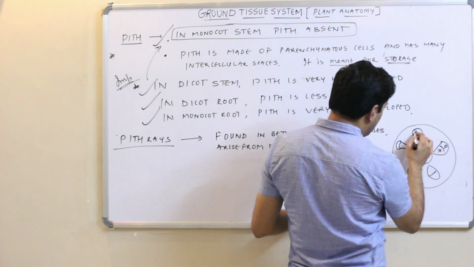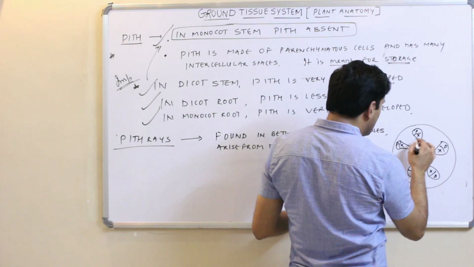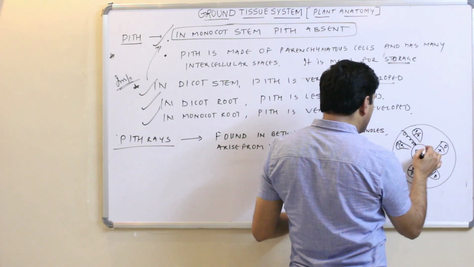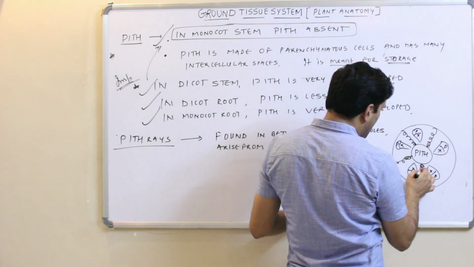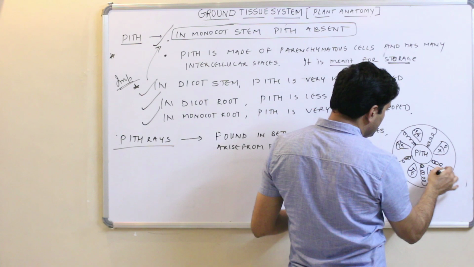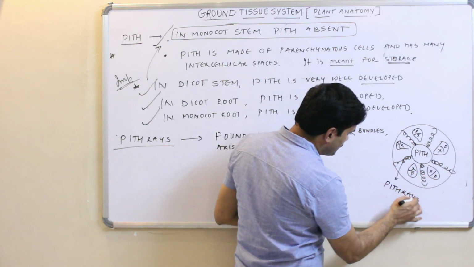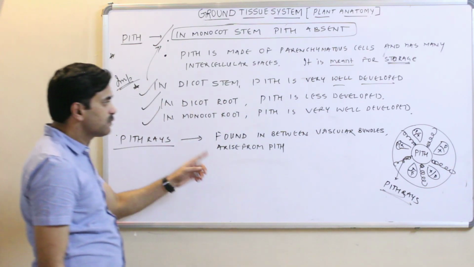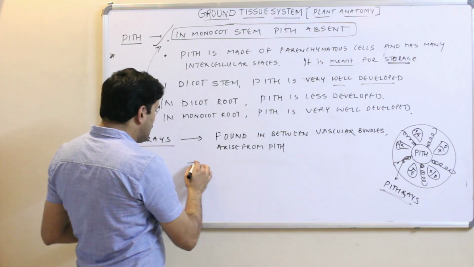Right? Phloem, xylem. Fine. These are the vascular bundles. So in between the vascular bundles, what are found? Pith rays are found. Fine. So found in between the vascular bundles and arise from the pith.